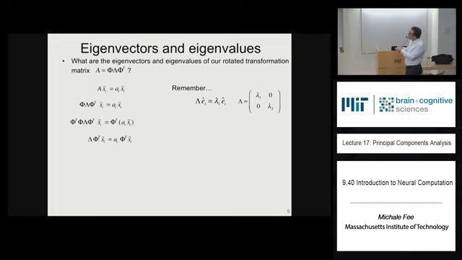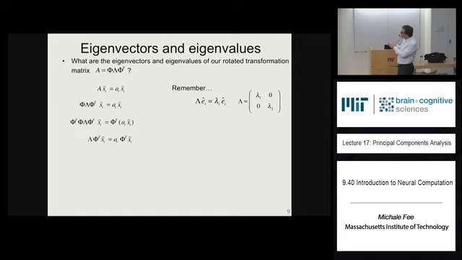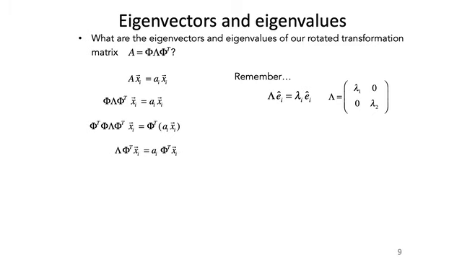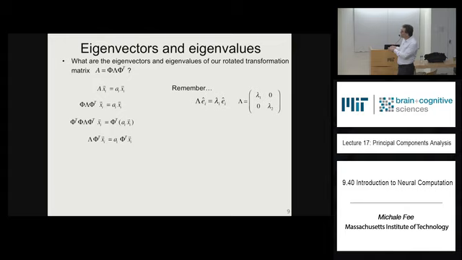If we look at this equation here, and we look at this equation here, it seems like phi transpose x is an eigenvector of this equation as long as phi transpose x is equal to one of the standard basis vectors.